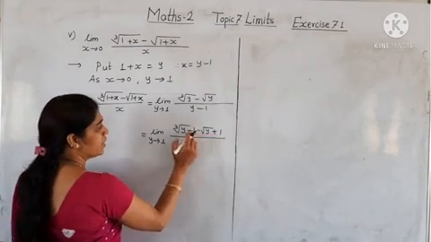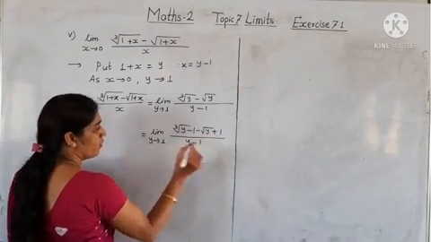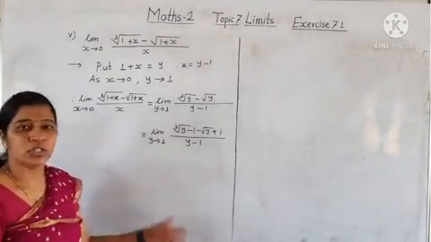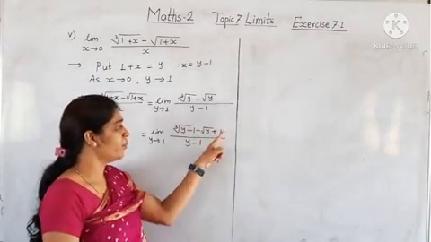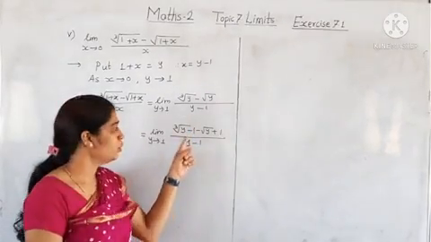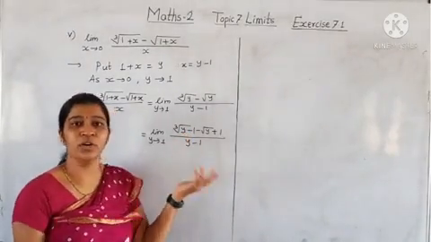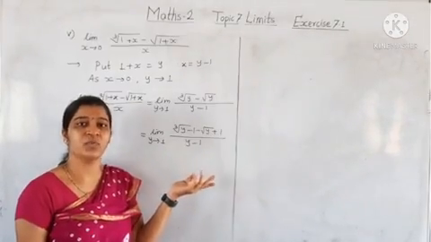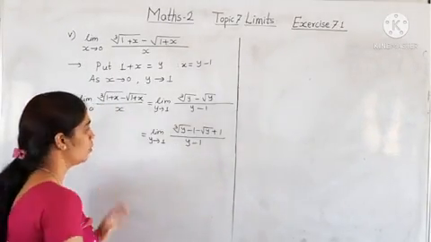Here I write plus 1 minus 1 upon y minus 1, because here there is an adjustment of plus 1 and minus 1. We make this adjustment because we have to convert this into the form x raised to n minus a raised to n upon x minus a.